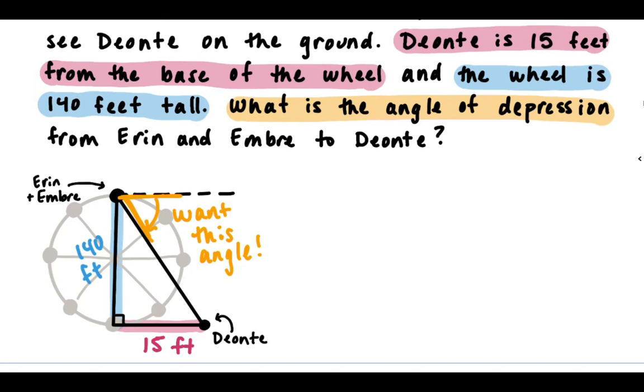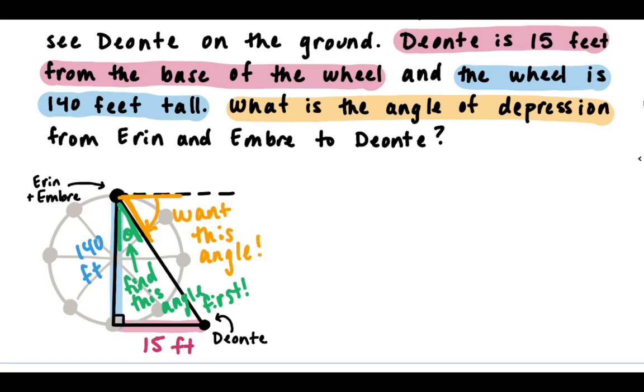So what we're going to do is find this angle first, and then we can use that to find our yellow angle, the angle of depression. So let's set up for finding that angle really quick. Let's call that angle theta.